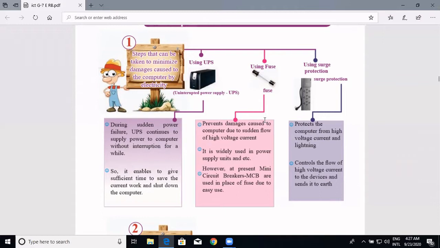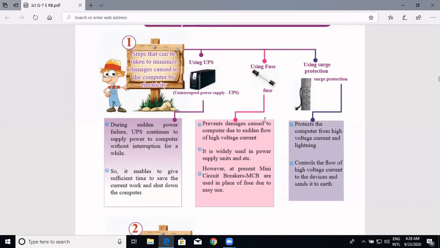Even if the power goes off, with the laptop battery you can survive. Similarly, a UPS will allow you to continue your work even when the power is not there. It gives sufficient time to save your current work and then do a proper shutdown. So it is really good to have a UPS with your desktop machines.